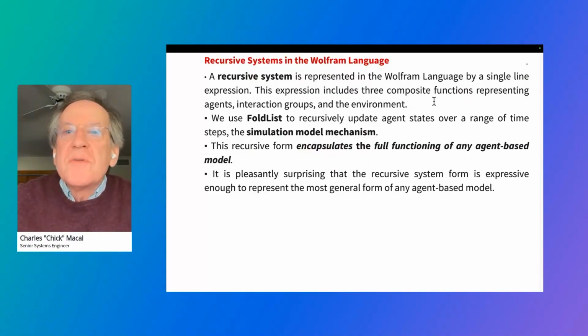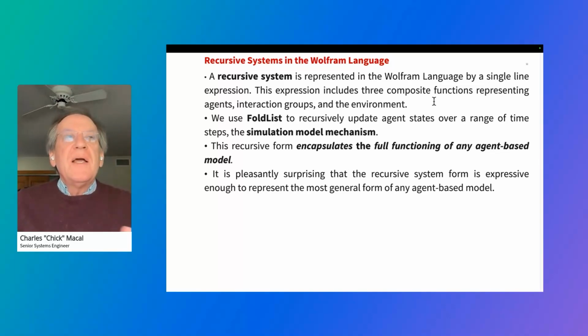This expression includes three composite functions representing agents, interaction groups, and the environment. I use a FoldList to recursively update agent states over a range of time steps, and doing that is the simulation model mechanism, as I call it. This recursive form essentially encapsulates the full functioning of any agent-based model.